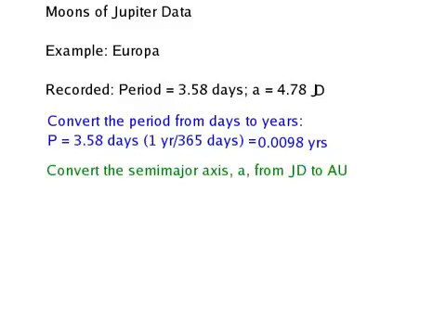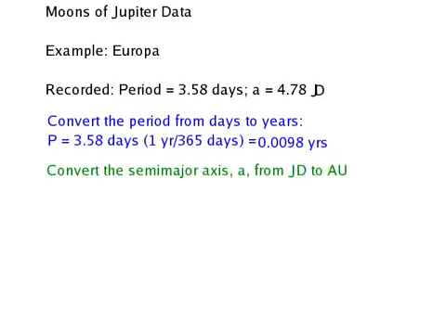Well, the conversion factor is that there are 1,050 Jovian diameters in an astronomical unit. So what would we have to do to the 4.78 JD to convert it into AU? You would multiply, wouldn't you?